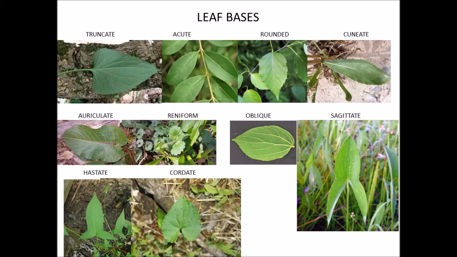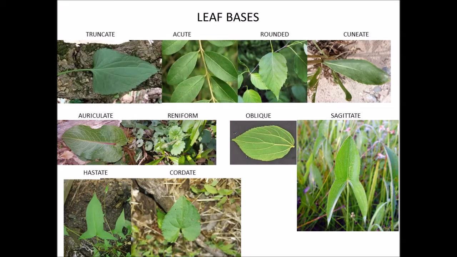It doesn't form a sharp angle like the acute base. Auriculate leaves are leaves that kind of wrap around the stem a little bit, where the leaf petiole joins the plant stem. It kind of forms little ears. It's not the best image for illustrating that, but it forms little ears, hence auriculate.